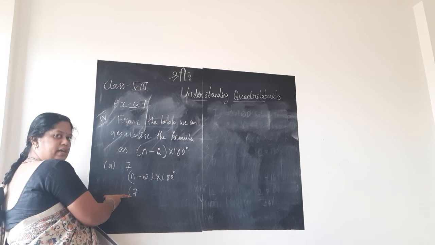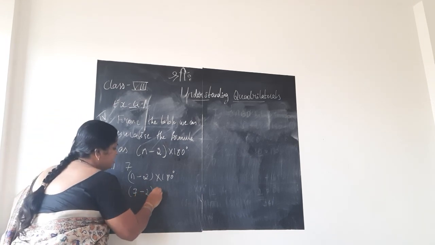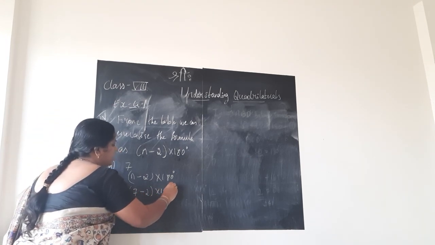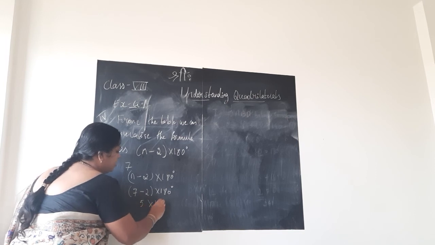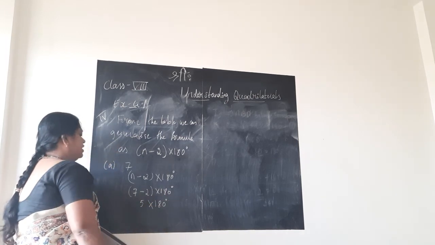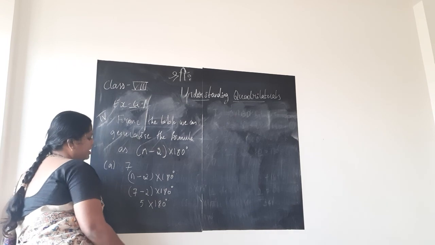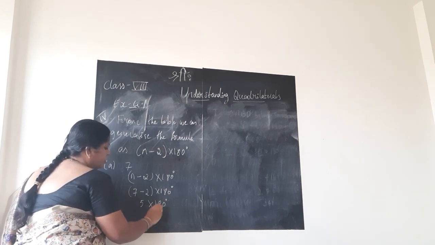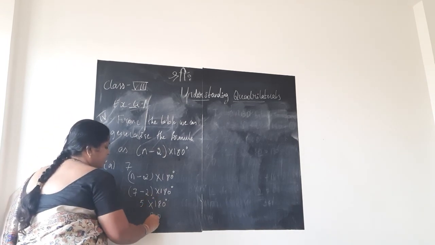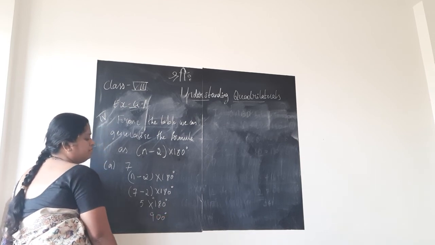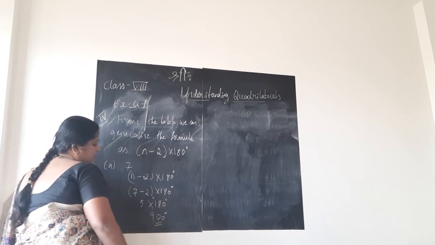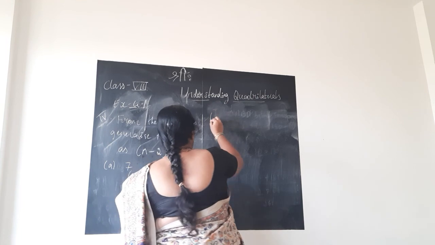So in place of n you substitute 7. 7 minus 2 into 180 degree. How much is 7 minus 2? 5. 5 into 180 degree. How much is 18 into 5? 5 8s are 40. 900. 18 5s are 90. Add 0. 900 degree we got.